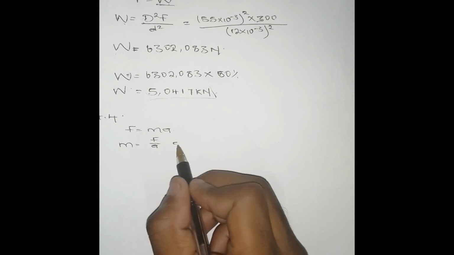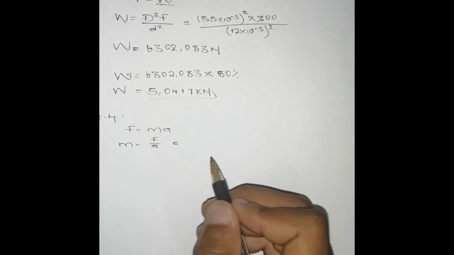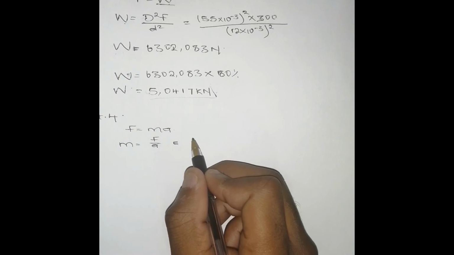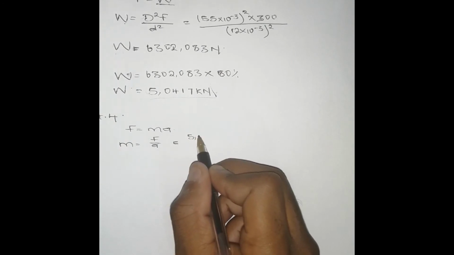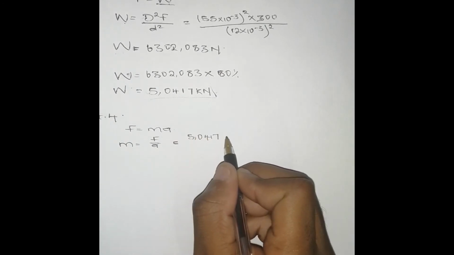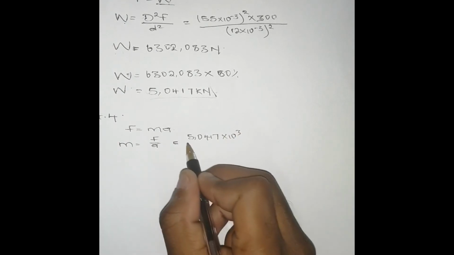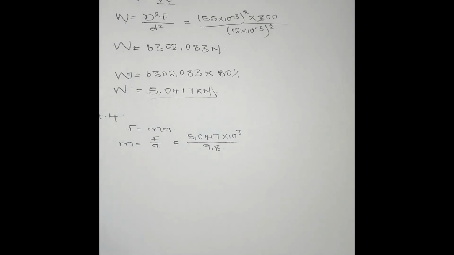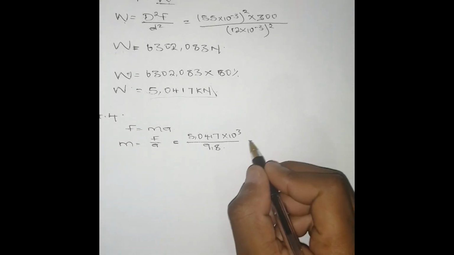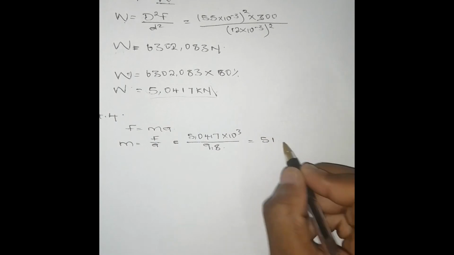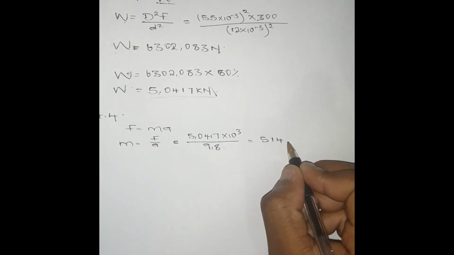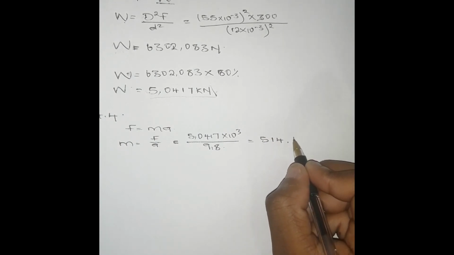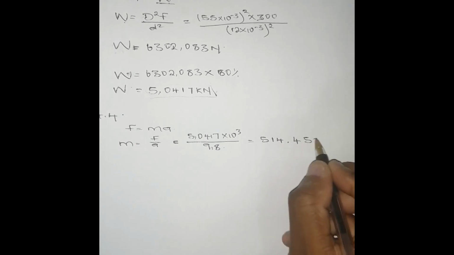So we're going to use our acceleration as 9.8. So we're going to say 5.0417 times 10 to the power 3, since it's kilo, divided by 9.8. Punch that into the calculator. We get 514.459 kg.